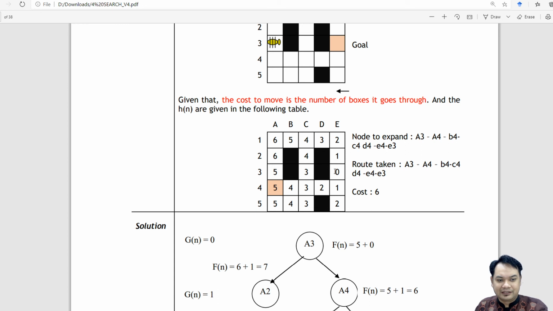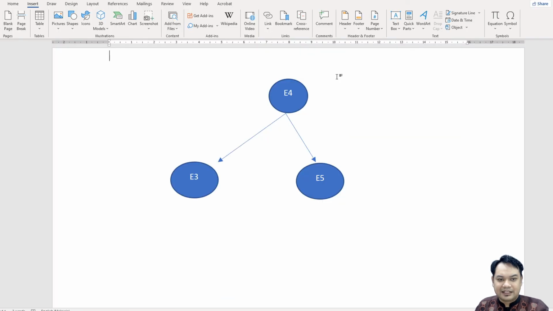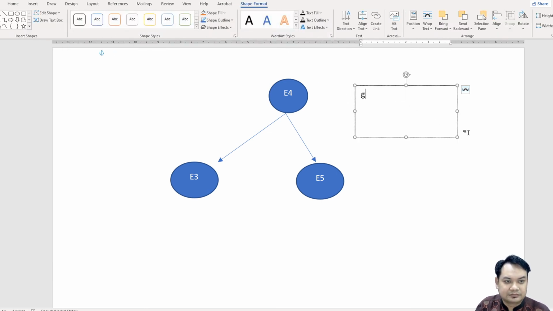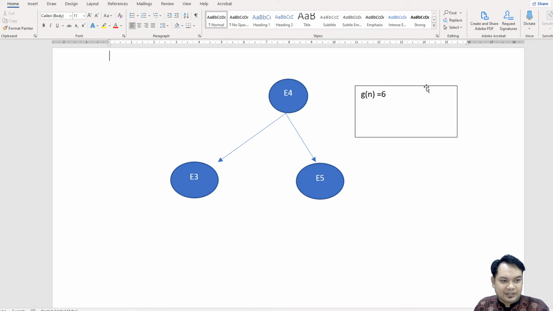Okay, potential step would be 6. So GN here is 6. Right? The GN would be 6. Right? GN over here is 6.